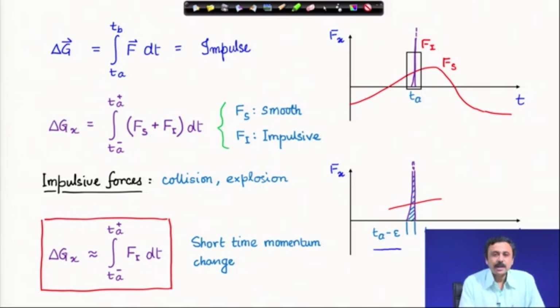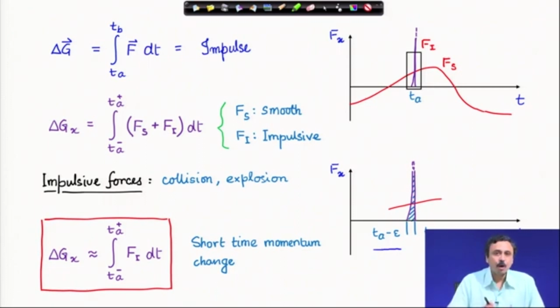Therefore, the short time momentum change is given only by the impulsive forces. The short time momentum change from T A minus to T A plus, where T A is the time at which the impulsive force has acted. So the integral from T A minus to T A plus of F I dt is something finite, whereas over the same time interval the contribution of the smooth force is almost 0, negligible compared to what the impulsive force can contribute.